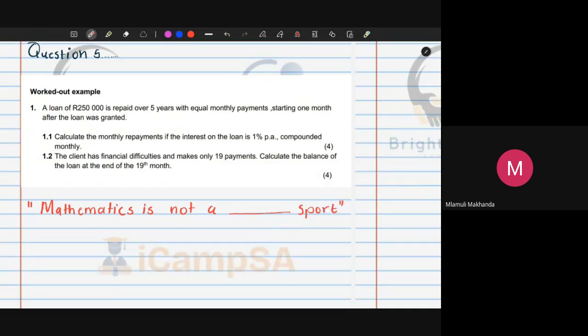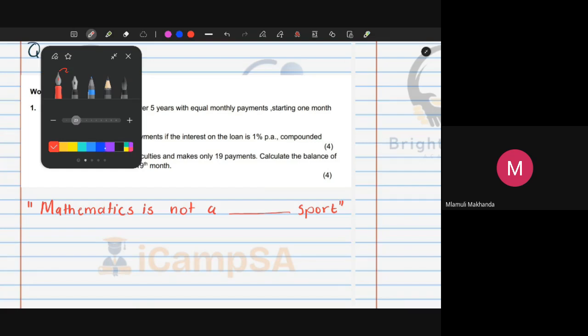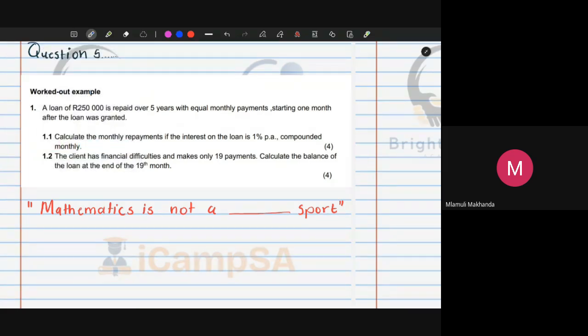Mathematics is not a what? It is not a what, guys? You haven't heard it from your teacher? Okay, I'll give it to you. It is not a spectator sport. What does that mean, guys?